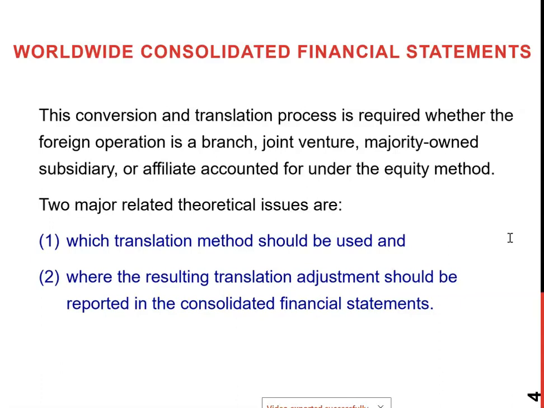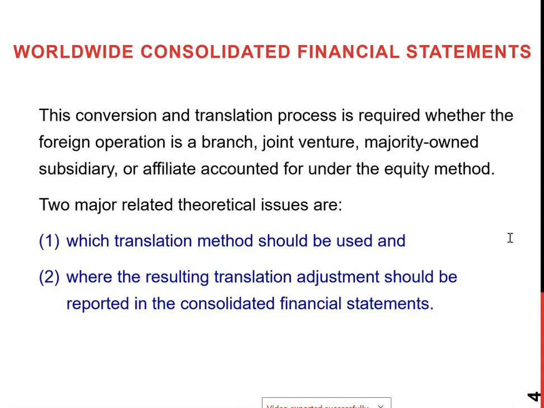You also need to check another important thing, which is where you have to report the results after conversion. When we convert a foreign financial statement from a different currency into US dollars, you will end up with some foreign exchange gains or losses. So, for the second point, we also need to figure out where we will show those gains or losses.